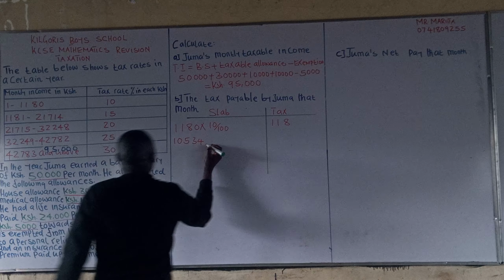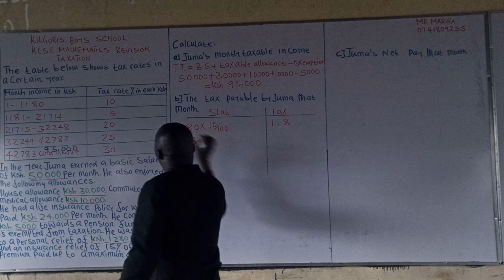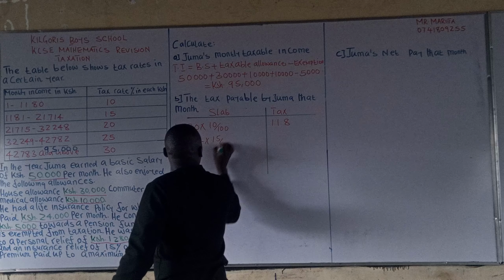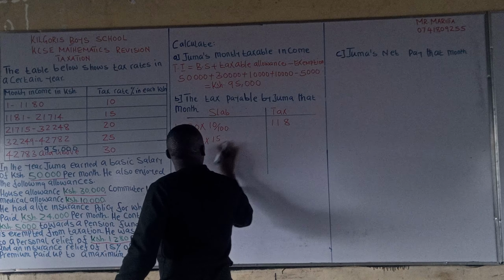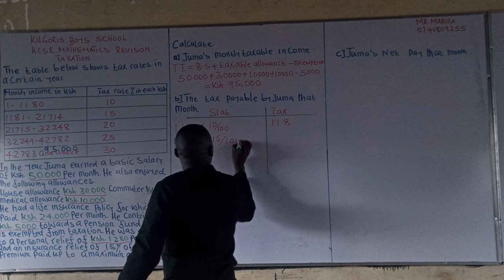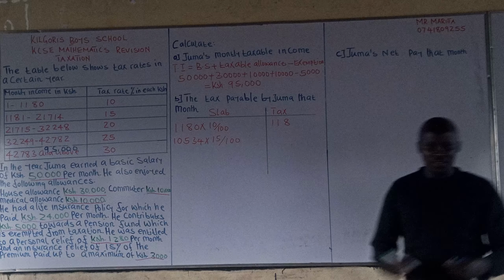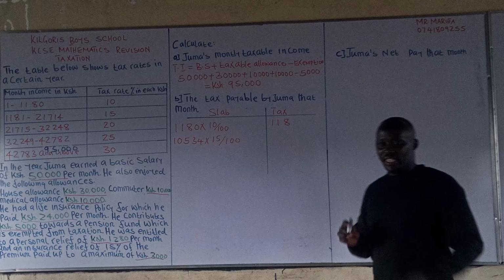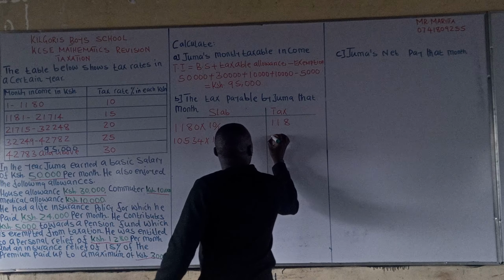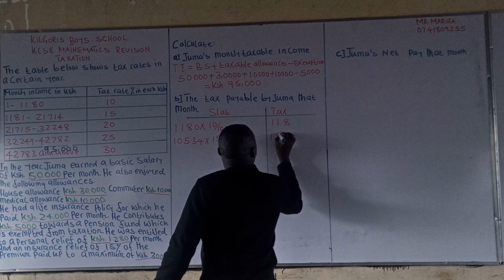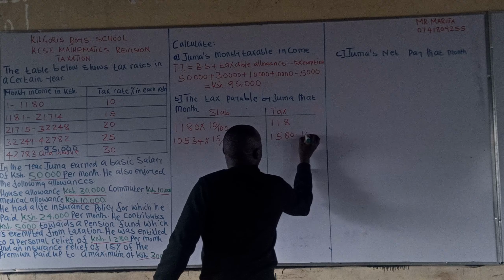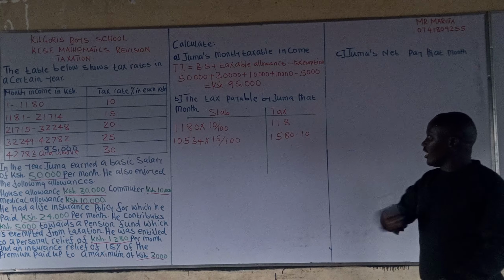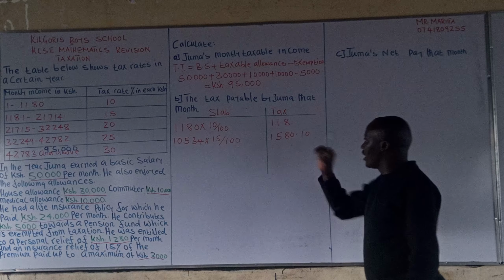This one is multiplied by the rate, which is just 15 over 100. If you calculate that 15% of 10,534, you will get 1,580 and 10 cents. So at that point, you will be paying the tax of Kenya shillings 1,580 and 10 cents.